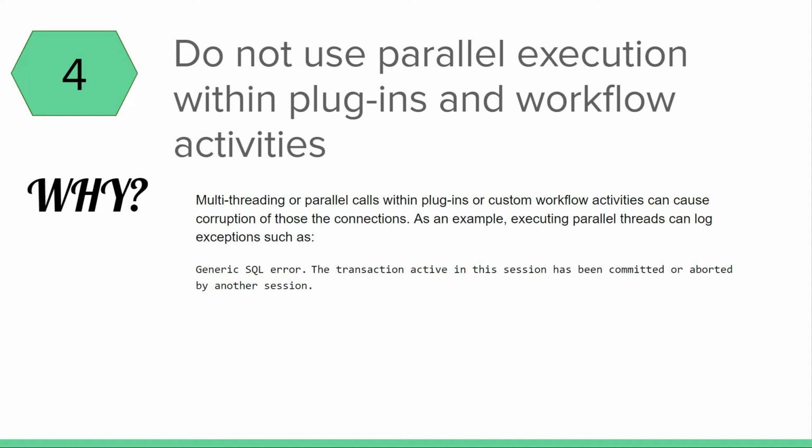If your code does not require sequential processing, you can use parallelism. But multi-threading or parallel calls within plugins can cause corruption of connections. Sometimes you can get errors like generic SQL error in your plugin if you have written any multi-threading or parallel execution code.